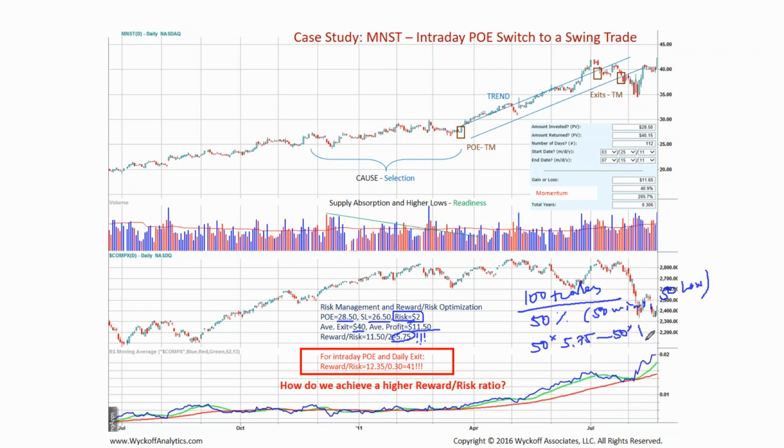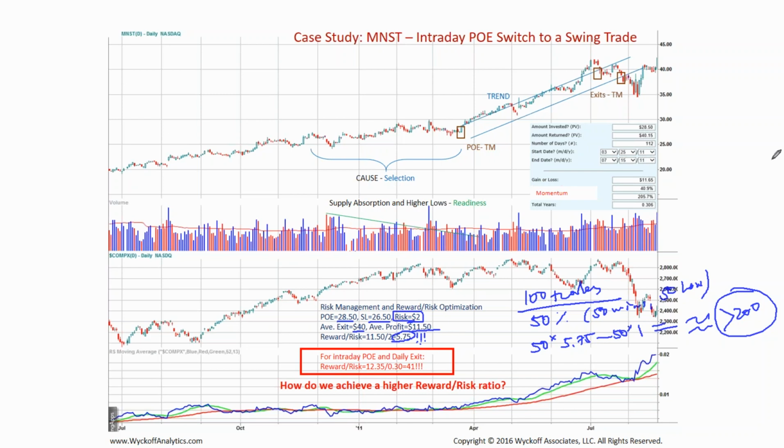So on 1 unit of risk, we're having 5.75 units of profit. I don't want to calculate this exactly, but we are above 200 units of profit, which is a really good indication for the system. So the bigger this reward to risk ratio, the better for the system.